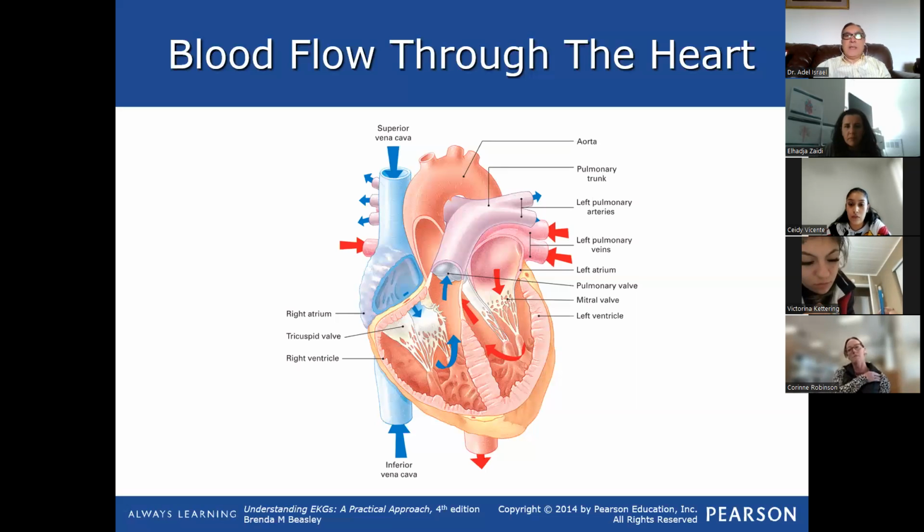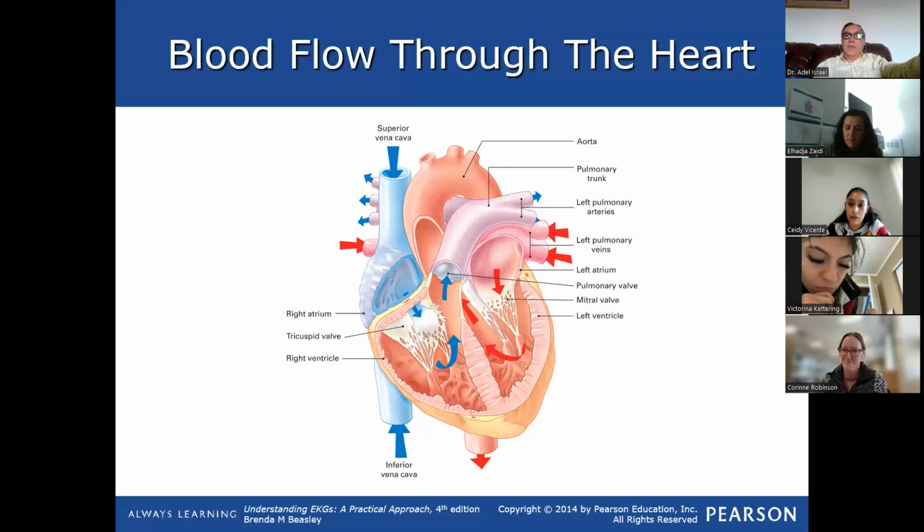So if the exam question asks you, the right side of the heart is rich in what? Rich in carbon dioxide. The left side of the heart is rich in what? Rich in oxygen, and so on. So you have to know the concept, and according to this, you are going to answer the question perfectly.